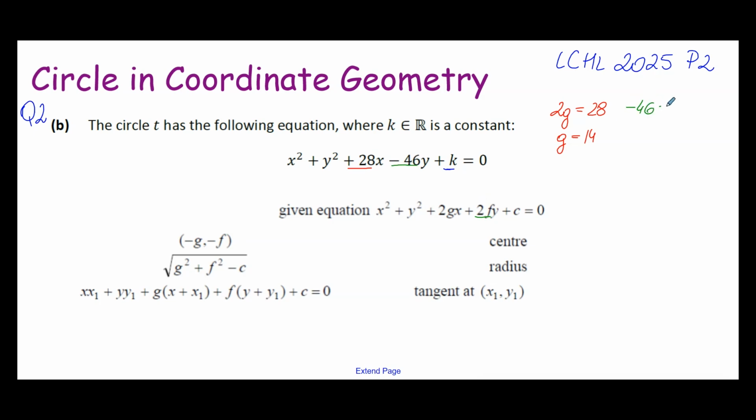So minus 46 equals 2f, and again divide both sides by 2. We get minus 23. That's the value of f. Now, the center is minus g, which is minus 14, and then minus f, which is plus 23. So minus 14 is the value of x, and plus 23 is the value of y.